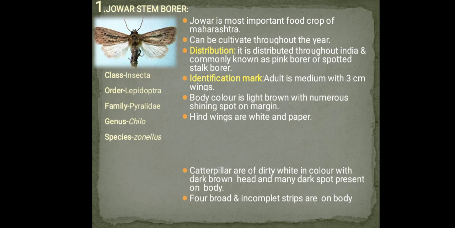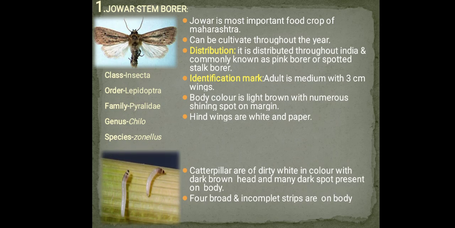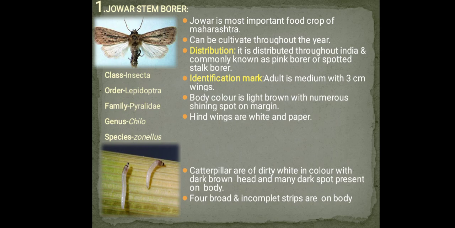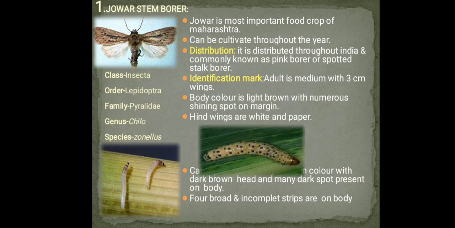The caterpillars are dirty white in color with a dark brown head and many dark spots on the body. Four broad and incomplete stripes are on the body, meaning stripes are present on the body of this jawar stem borer. We see in this diagram the caterpillar of this jawar stem borer.